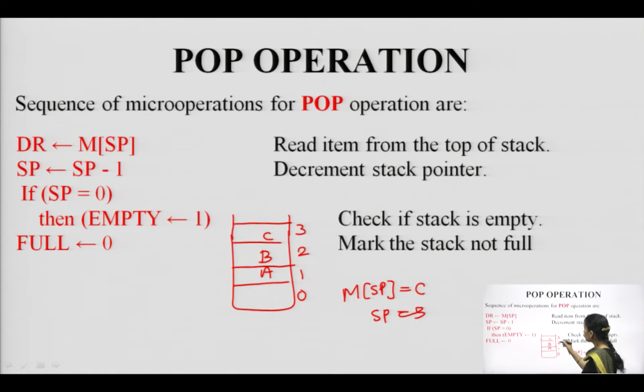So, when I have to pop this C, then M[SP], the content at the stack pointer, will be copied somewhere into the data register, and now this location will be empty, and my stack pointer will be decremented. It will now be 2, because now my stack will contain B at the top.